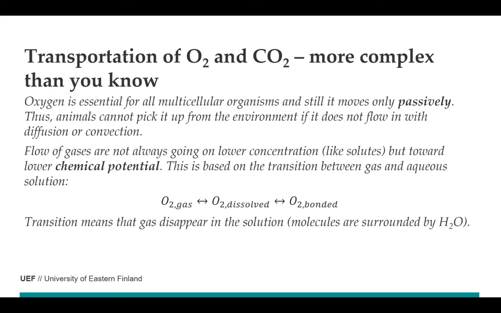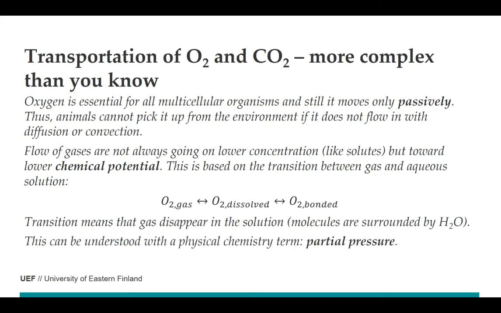But it's easy to understand when we think of the physical chemistry in terms of partial pressure. I try to be as simple as possible. Partial pressure means the pressure not of all the air around you, but of the oxygen in the air around you.